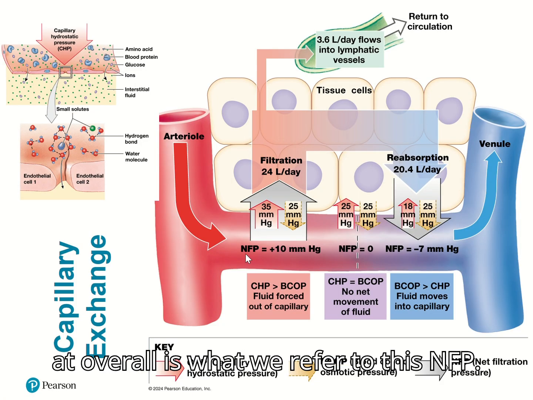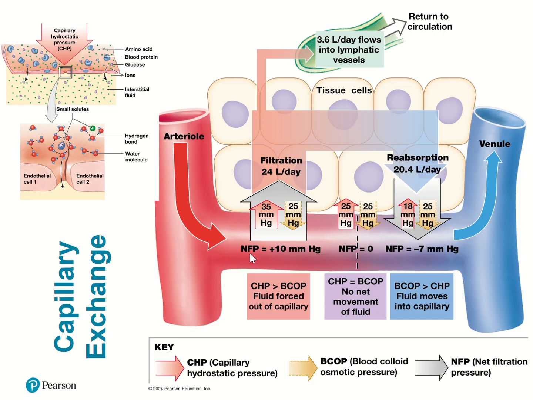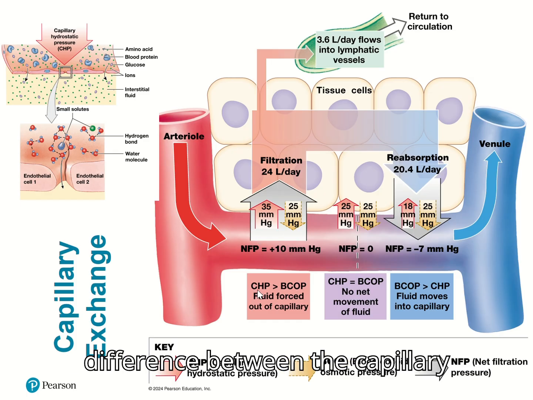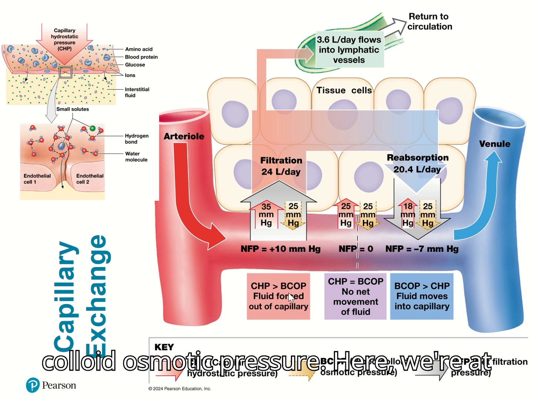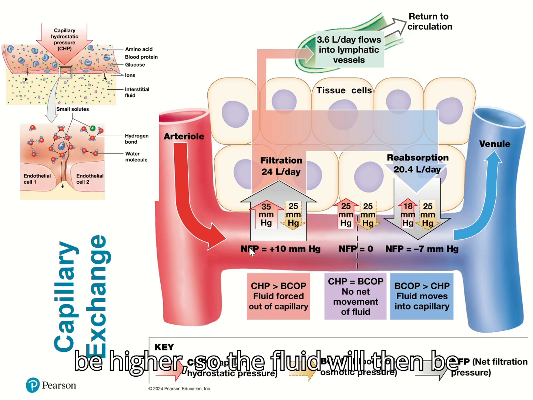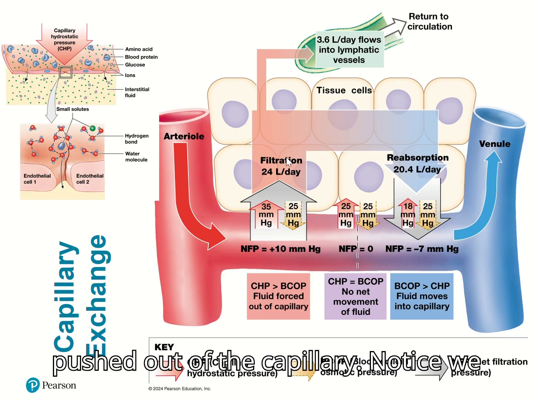What we're looking at overall is what we refer to as NFP, our net filtration pressure, where we're looking at the difference between the capillary hydrostatic pressure and the blood colloid osmotic pressure. Here we're at a plus 10 with our CHP being higher, so the fluid will be pushed out of the capillary.